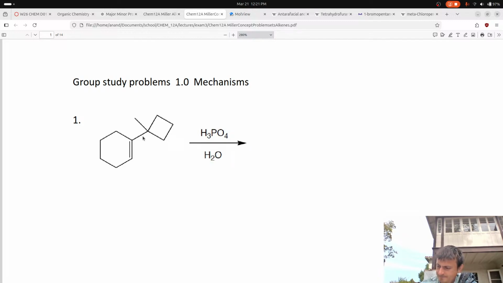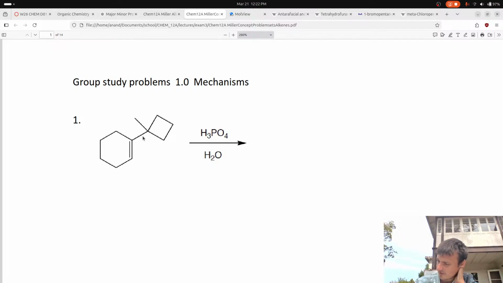The mechanism is acid catalyzed hydration, right? Acid catalyzed hydration.